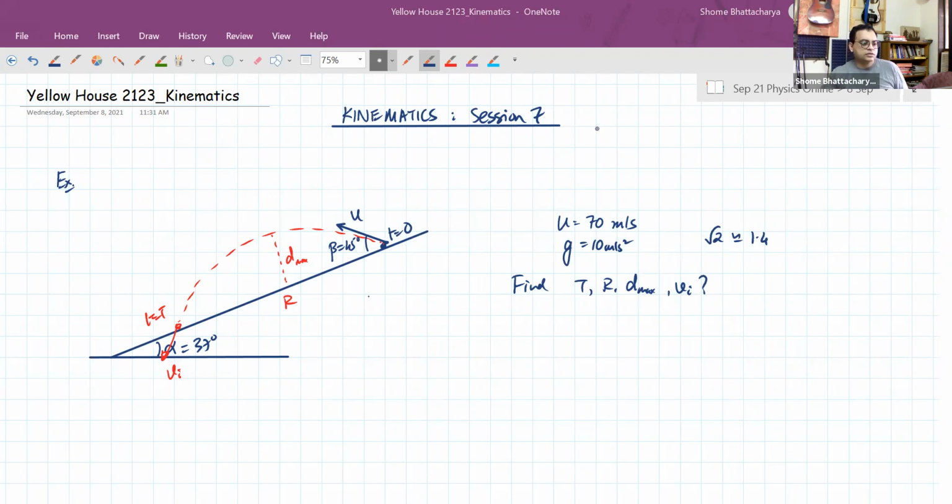Okay, so start this question. Start by first of all choosing the reference frame, take x and y axes properly and all that.